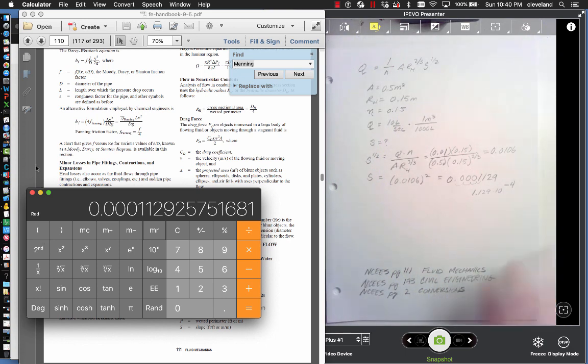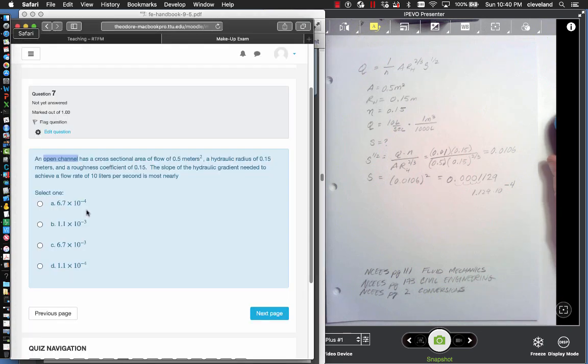Let's go see our options. And 1.129 closest is this one, 1.1 times 10 to the minus fourth.